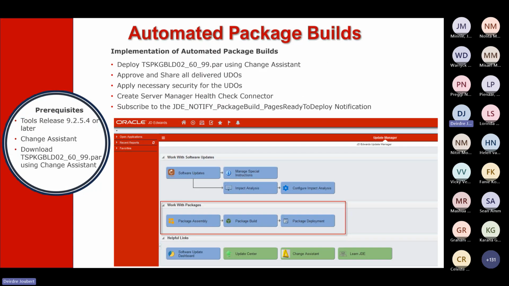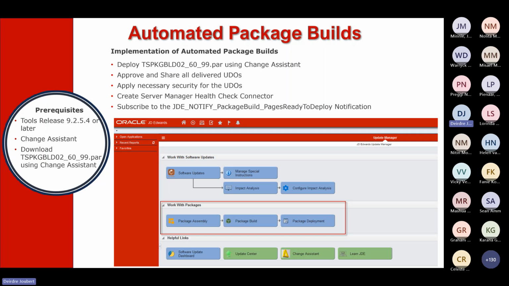In order to implement this feature, Oracle has delivered a UDO PAR file, which consists of orchestration, service requests, and notifications. That is TSP KG PLD02. Once you've deployed that, you need to approve and share all the delivered UDOs, and apply the necessary security for access to the UDOs.